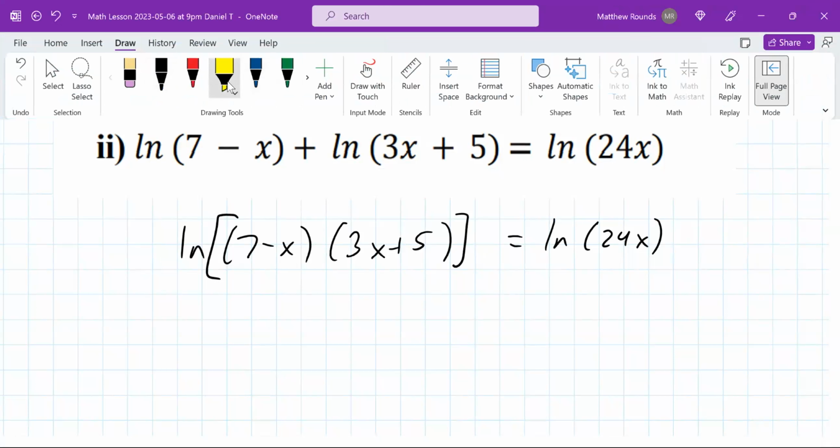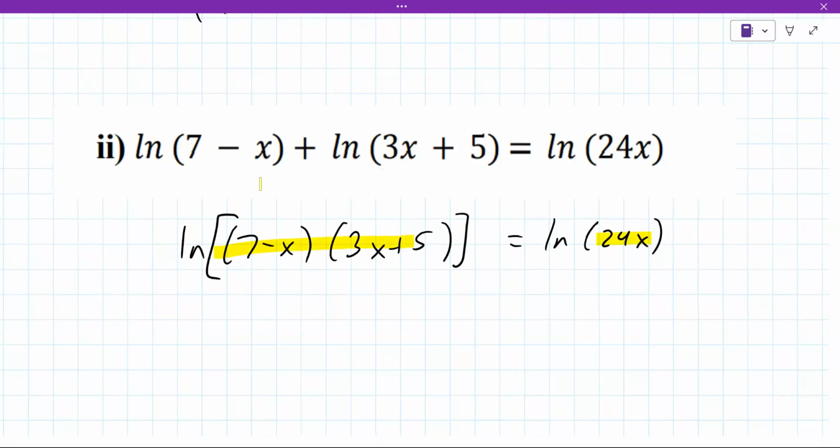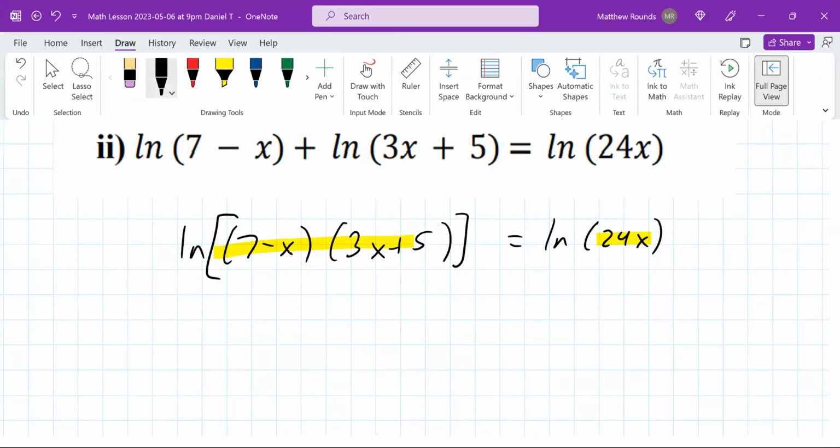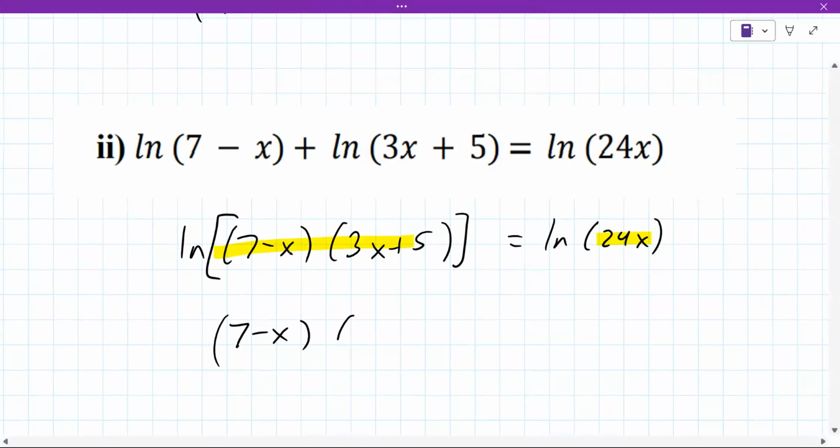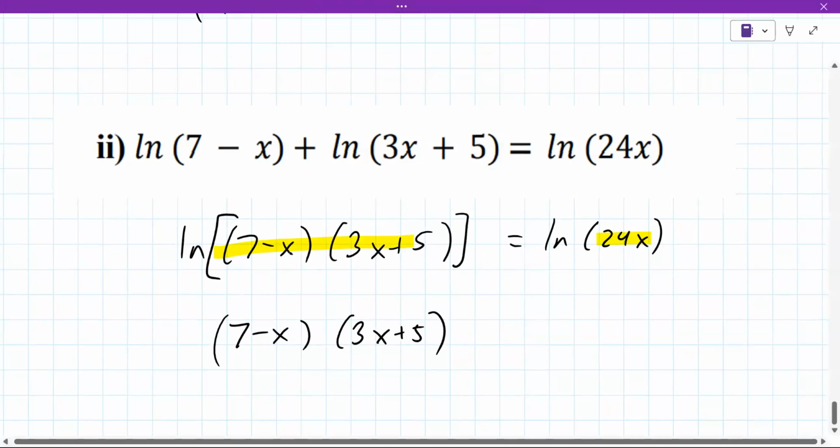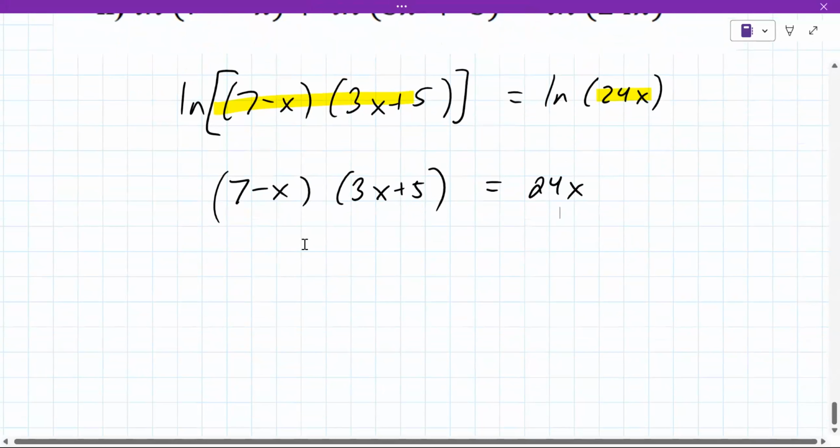So you got (7 minus x)(3x plus 5) equals 24x. On the left, you do have to FOIL.